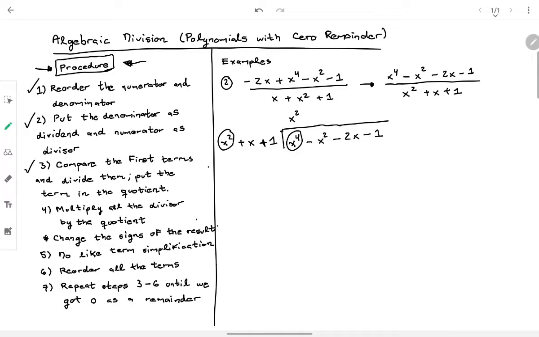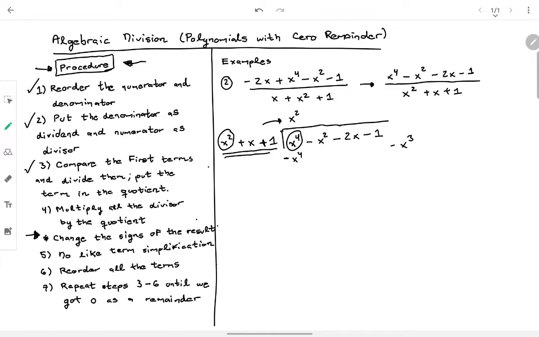Step number 4 says multiply all the divisor by this term, so it will be x to the 4th. Remember, we need to change the sign, so it will be minus x to the 4th. Then we will get x squared multiplied by x, which is going to be minus x cubed.